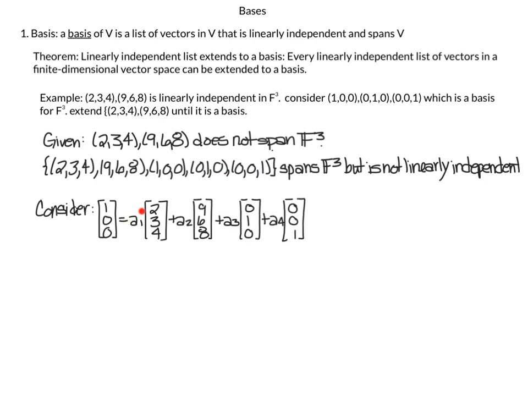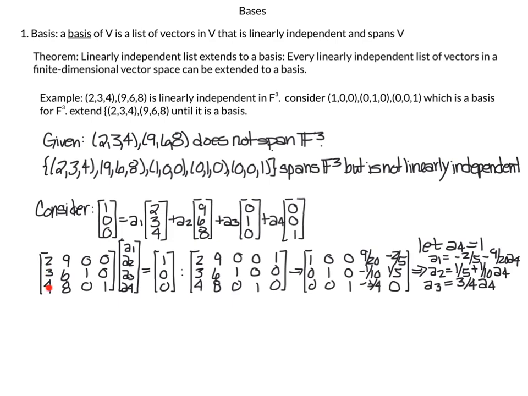So here I have my scalar times my first vector, 2, 3, 4, my scalar times my second vector, 9, 6, 8, my third scalar times my next vector, 0, 1, 0, and my fourth scalar times my last vector, 0, 0, 1. I just chose this one at random to think maybe I could write it as a linear combination of the other vectors. I'm going to test this out.